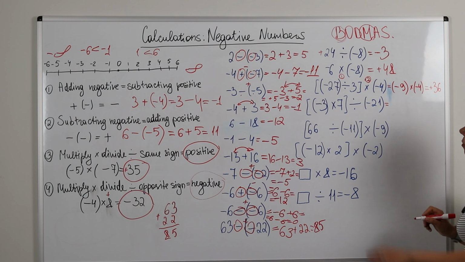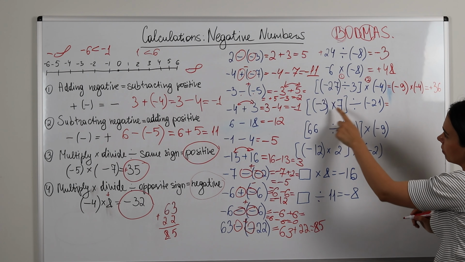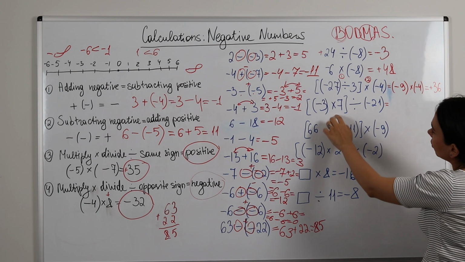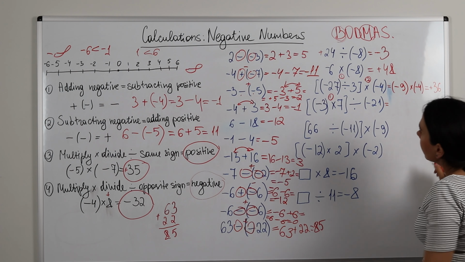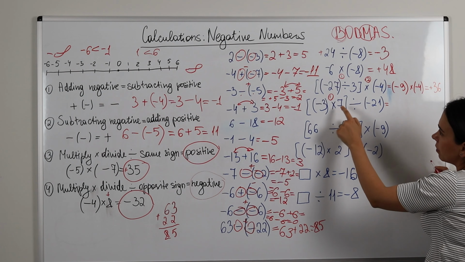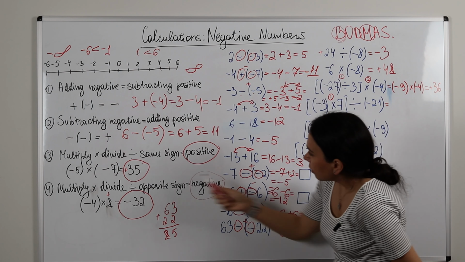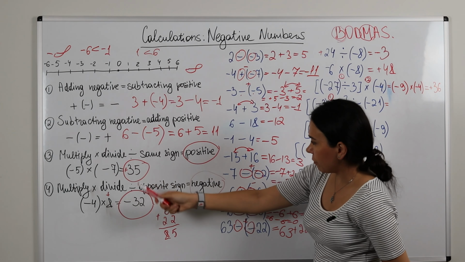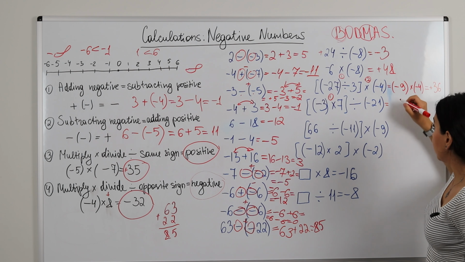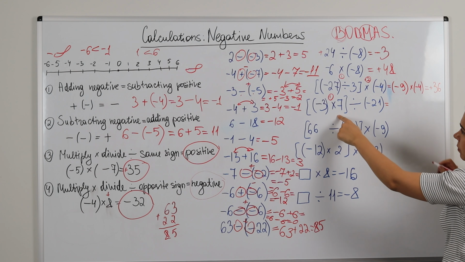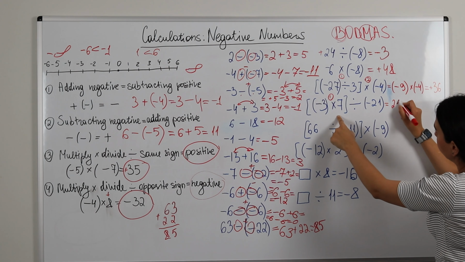Next, here we've got two operations, multiplication and division. First, we do whatever is in brackets, because it's B in BODMAS. First is minus 3 multiplied by 7. What is our rule number 4? If we're multiplying or dividing opposite signs, we get the negative result. Let's do the bracket first. 3 multiplied by 7 would be 21.